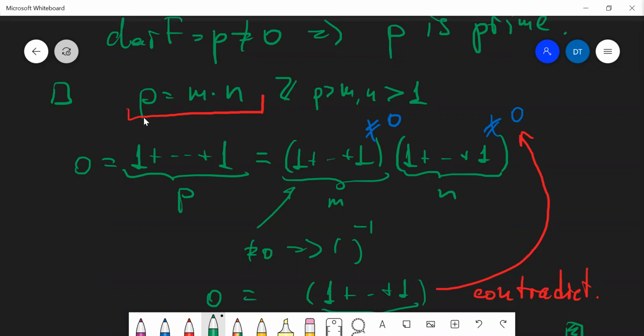Roughly speaking, we get 0 equals m times 1 times n times 1, so we have zero divisors in the field. And this is impossible because if we have a non-zero element, we can always divide by this element, which means multiply by the inverse, and the other one must be 0. So it's impossible to have a product of two non-zero elements be 0 in the field.